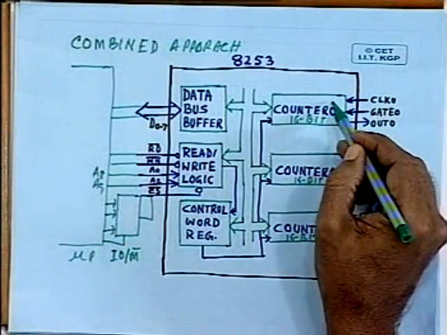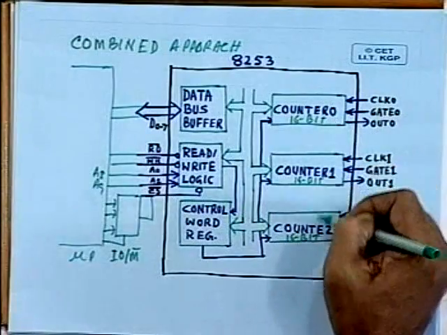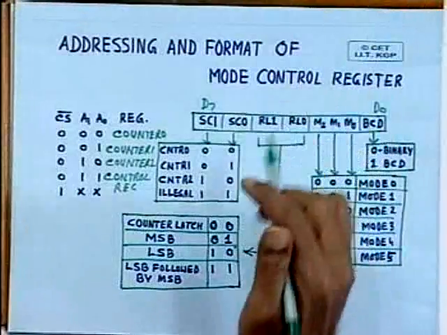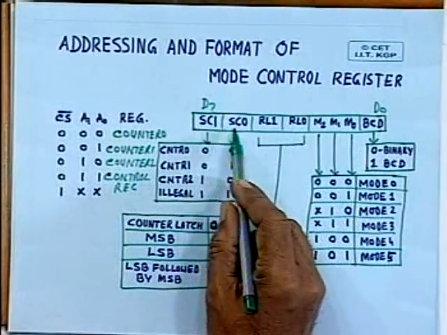But inside the chip there are 3 control registers. Obviously, there should be 3 independent control registers for each of them, because they can operate independently and simultaneously. So to do that, you have to program all the 3 control registers separately. This is being done with the help of these 2 bits.